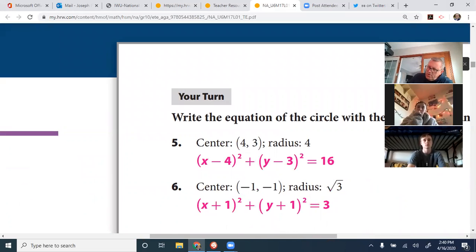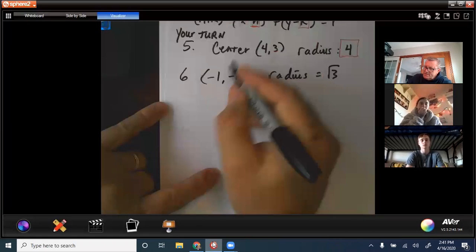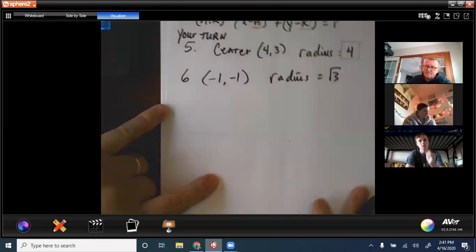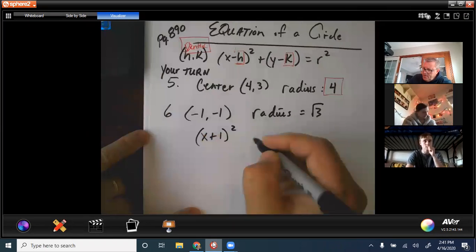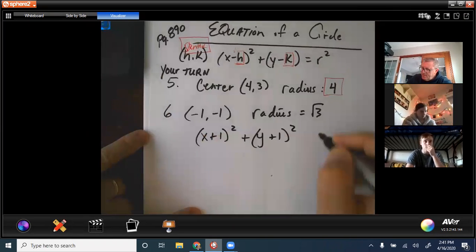If we've got (-1, -1) and a radius of the square root of 3, since it's negative, you have to play that game. It's the opposite. So it's (x + 1)² + (y + 1)², and then you take the square root of 3 and you square it.